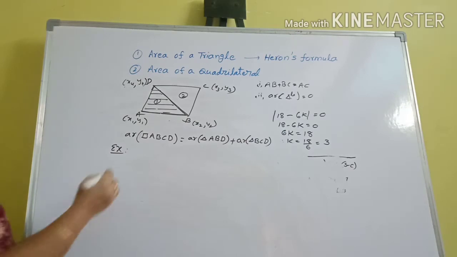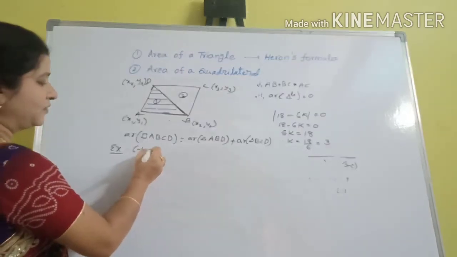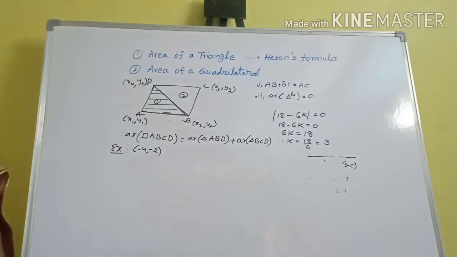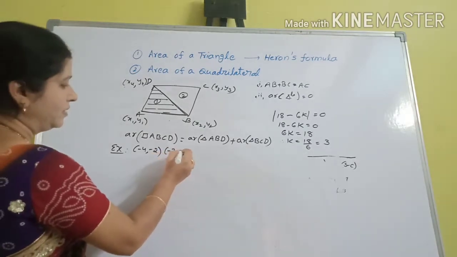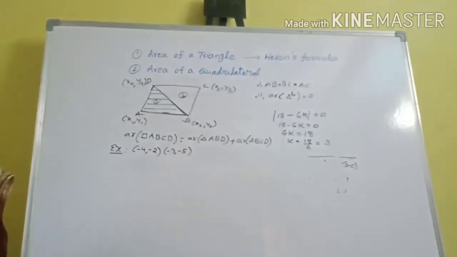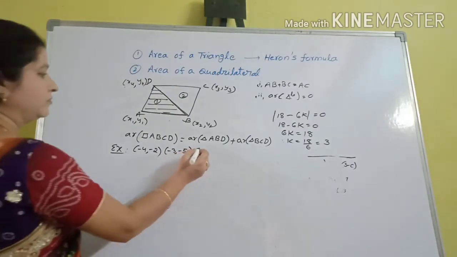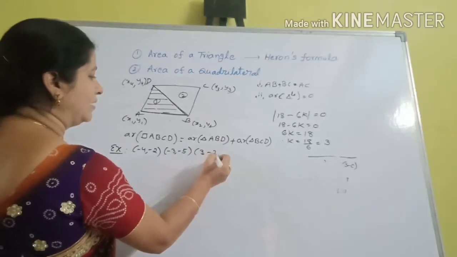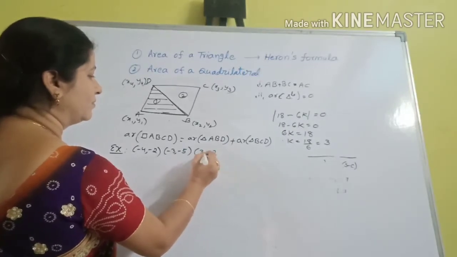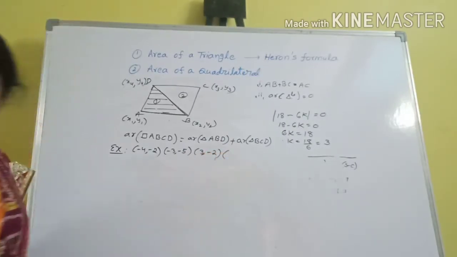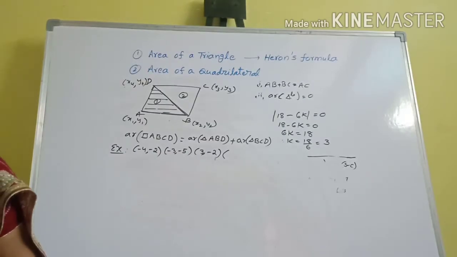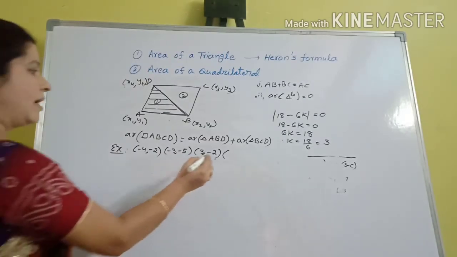The vertices are -4 -2, -3 -5, 3 comma -2, and the last vertex is 2 comma 3.